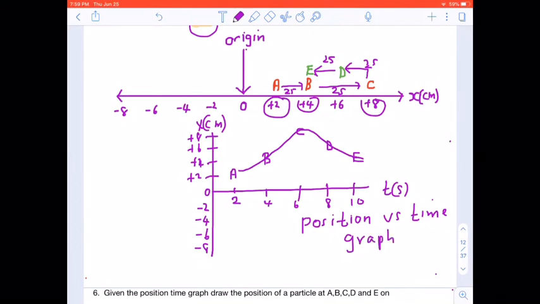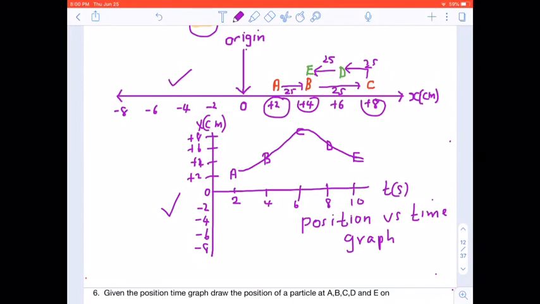If you have a position time graph, you need to be able to translate that and indicate the location of this particle that's moving along that coordinate line in terms of this 1D coordinate line.